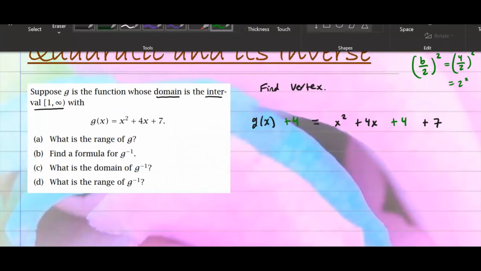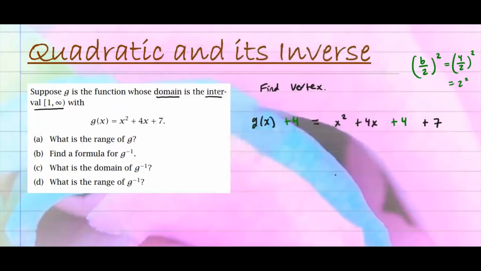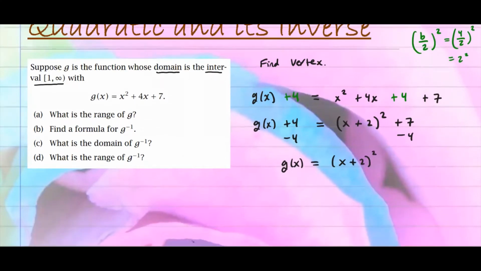And now I have completed the square. So my x squared plus 4x plus 4 becomes x plus 2 squared, plus 7. On the left-hand side, we still have g of x plus 4. To solve for g of x, we subtract 4 from both sides. That gives us g of x is equal to x plus 2 squared plus 3.